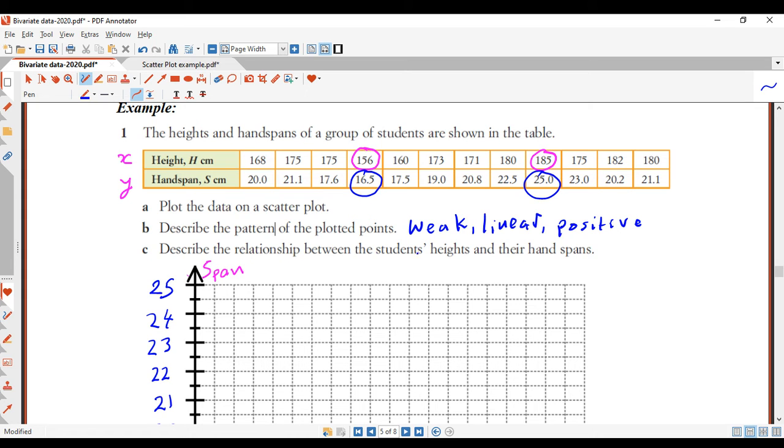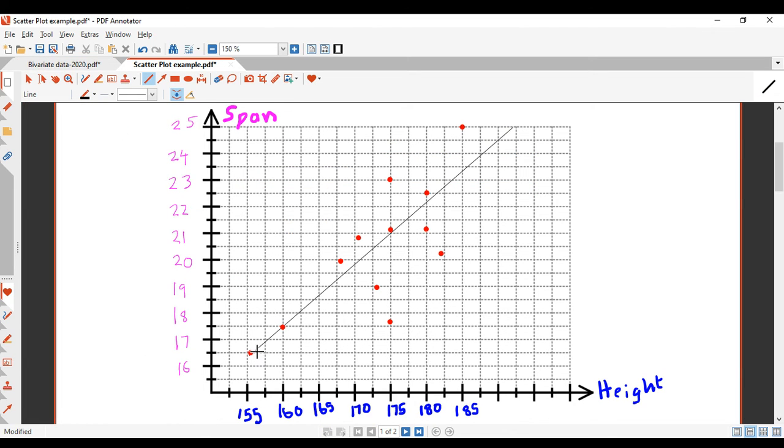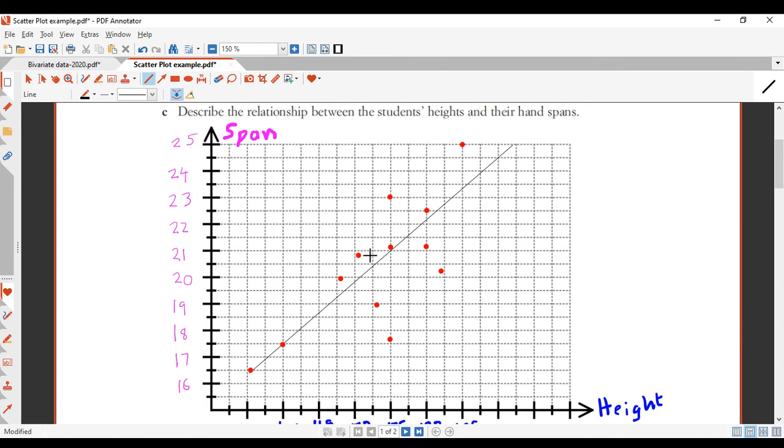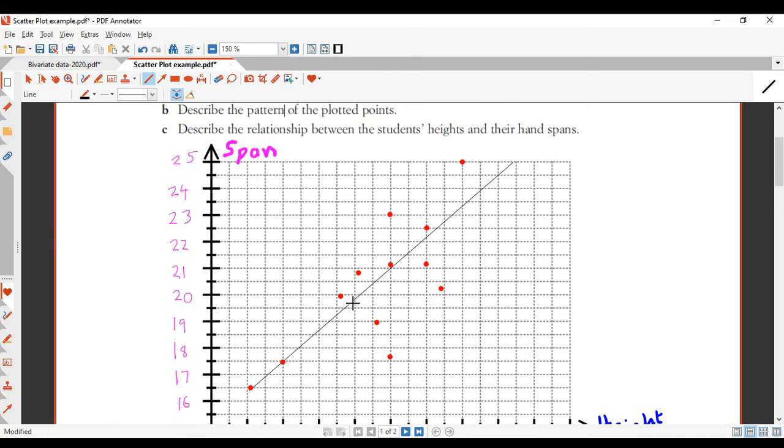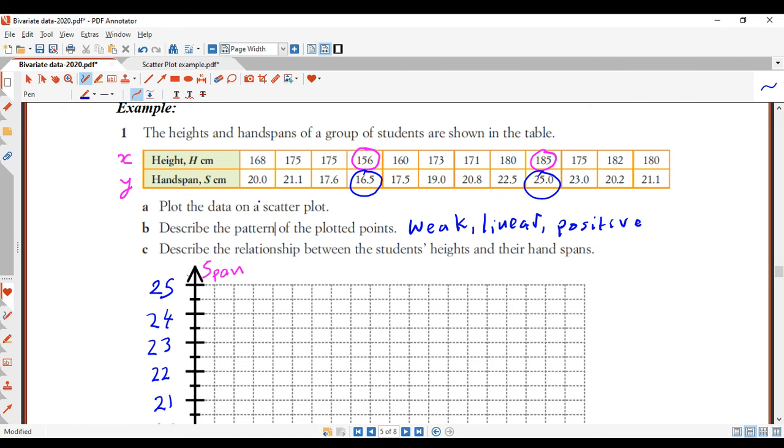Now, describe the relationship between the students' heights and their handspans. Well, generally, if you look at this, you can see as the heights increase, so do the handspans. Okay, so in general, not for all cases, but in general.